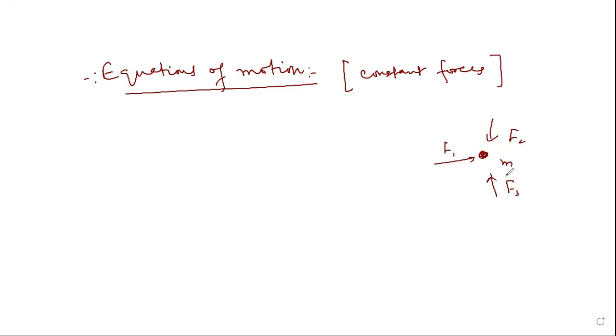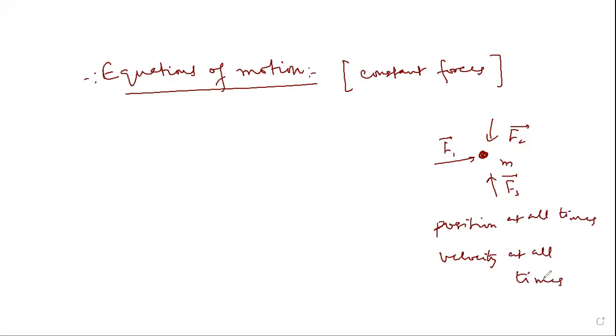There can be many. So our goal is to describe its motion. To describe its motion means our goal is to find somehow its position at all times and its velocity at all times.